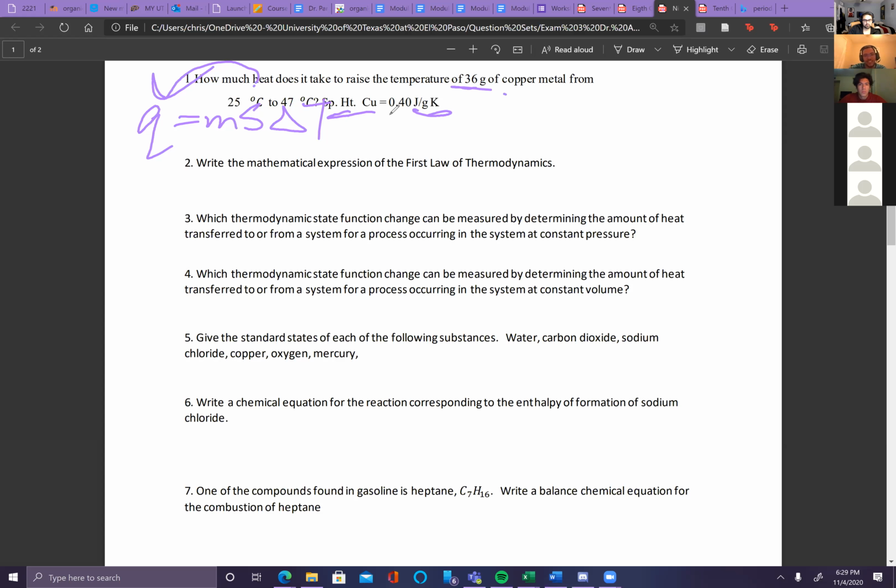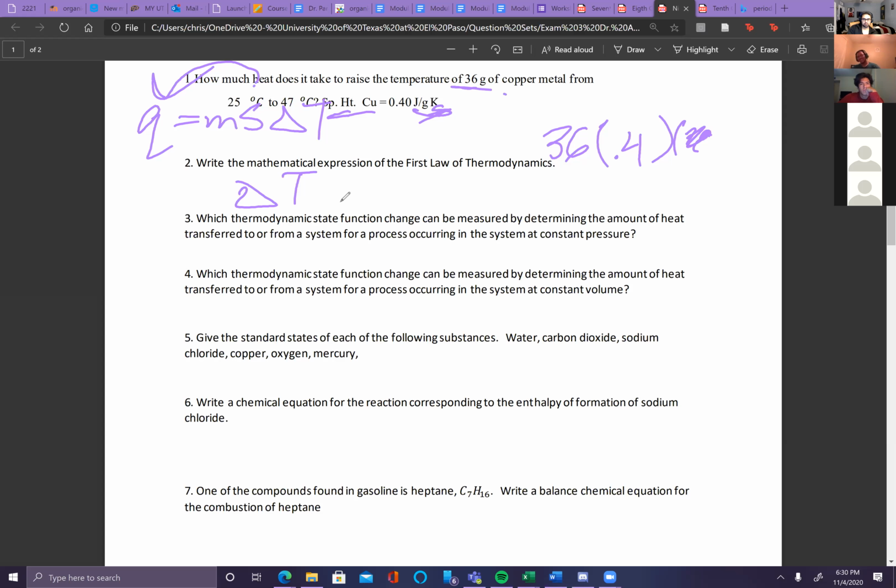So what's our m? 36. What's our s? 0.40. It says Kelvin, so 25 degrees Celsius, what would that be in Kelvin? 298.15. Isn't specific heat usually joules per gram times degrees Celsius?